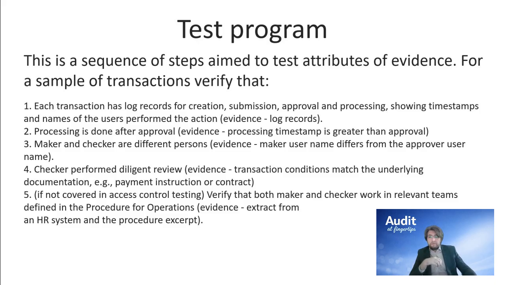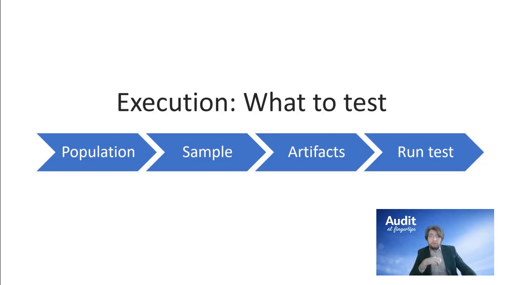All right. Now, what to test, right? That's the question, because imagine we are reviewing 12 months of control execution, and we have 5,000 transactions.